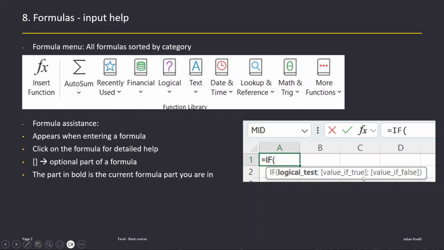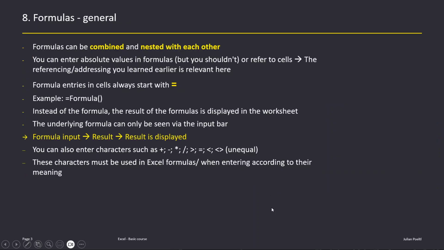So you see every time where you are, and everything in edge brackets is optional. Although I have to say, with the newest formulas, they aren't so clear with optionality. But for this course part, you can say when something is in edge brackets, it's optional. So that was the first thing about formulas.